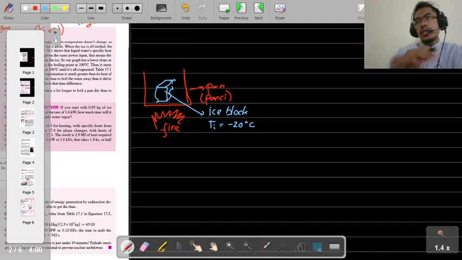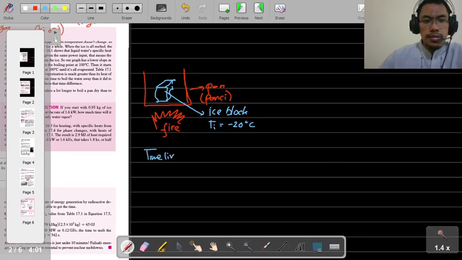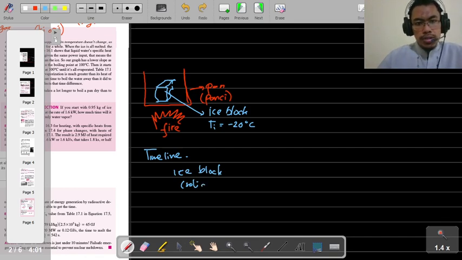If we make some kind of timeline, so the ice condition, this is the ice block, which is solid. The phase of the ice block is solid, and the temperature is minus 20 degrees Celsius.